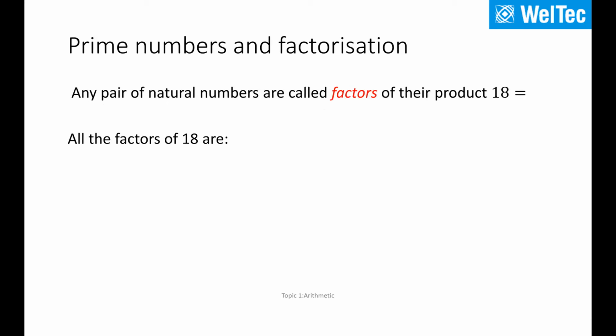Now we're looking at different types of numbers. We can break numbers down into factors. So a factor or factors are just the numbers that you multiply by to get a number. So numbers you can multiply together to get another number.